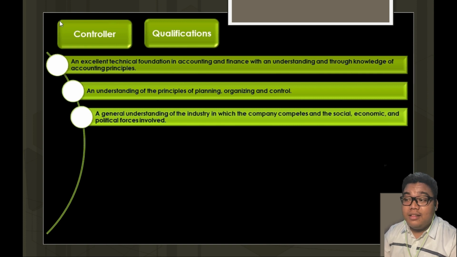General understanding of the industry in which the company competes and the social, economic, and political forces involved.